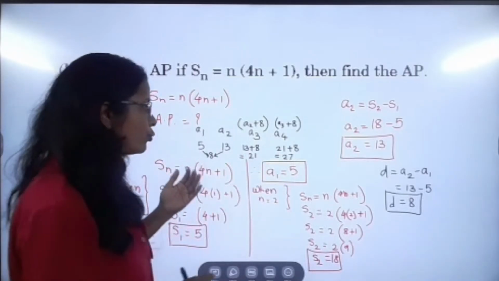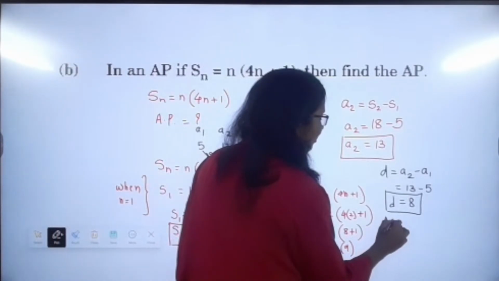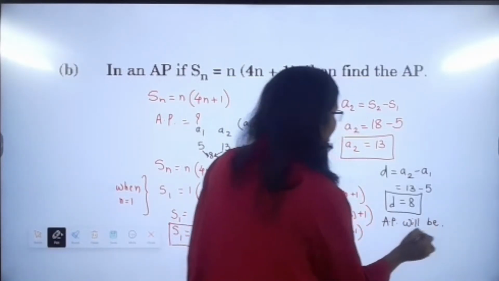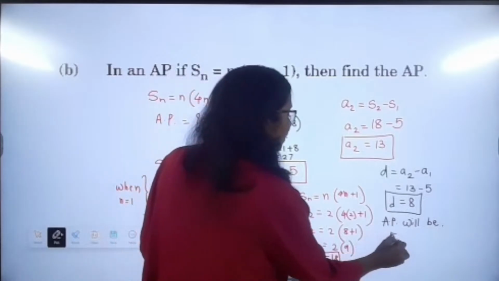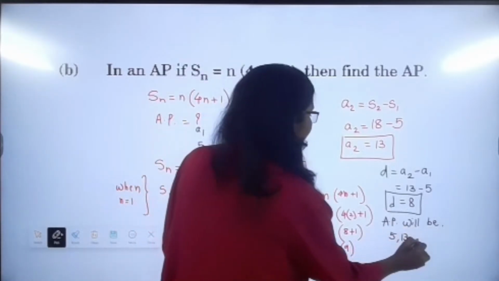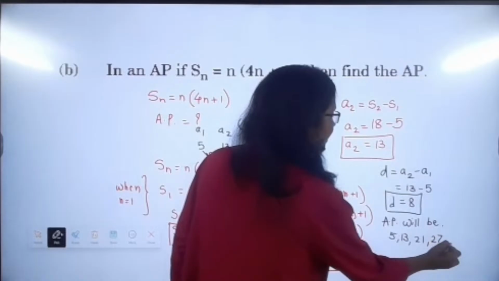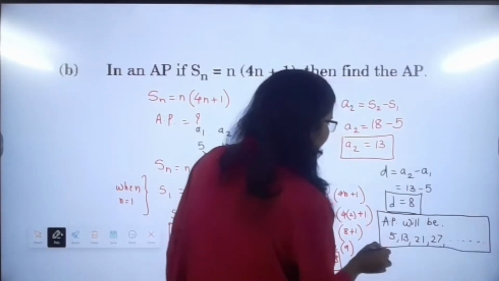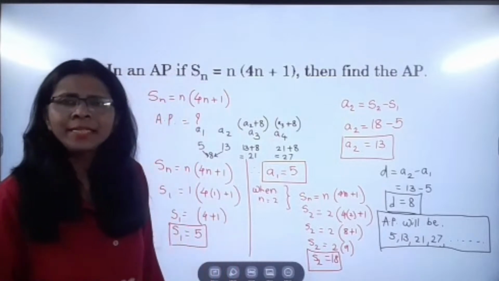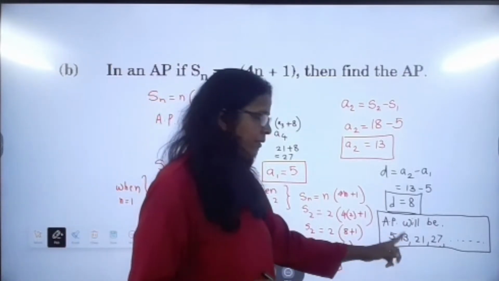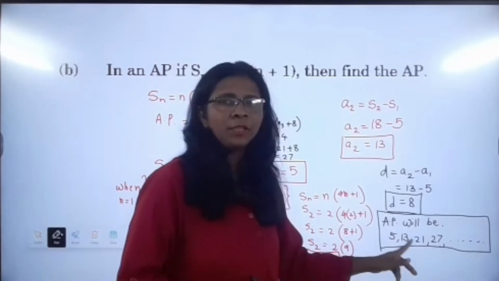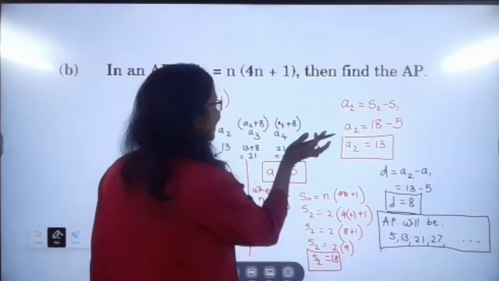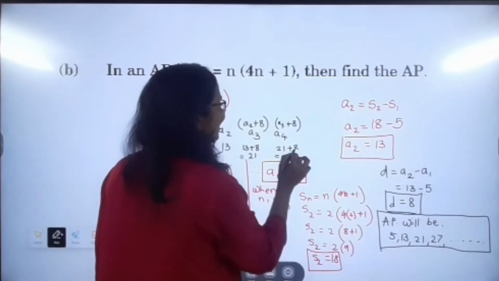Okay, so here, students, we write that the AP will be 5, 13, 21, 27, dot dot dot. If there is a mistake, you can tally it: 5 plus 8 is 13, 13 plus 8 is 21, 21 plus 8, yes students, 21 plus 8 is 29.